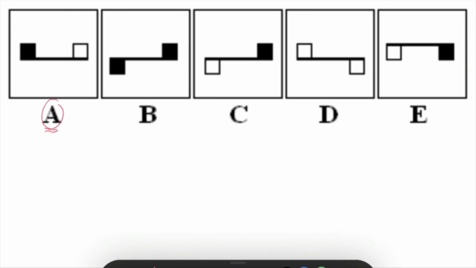Let's study A. We have a line, and on one side of the line we have a black square and a white square. In E, we have the same line, and also a black square and a white square on the same side. And in D, we have a line, but the squares are on different sides, and they have the same color, which is white.